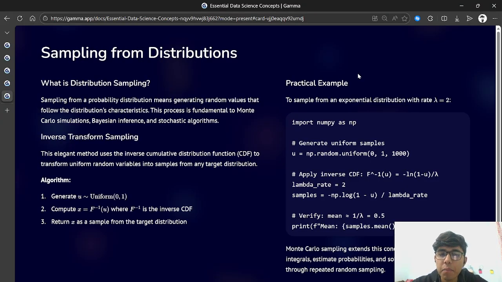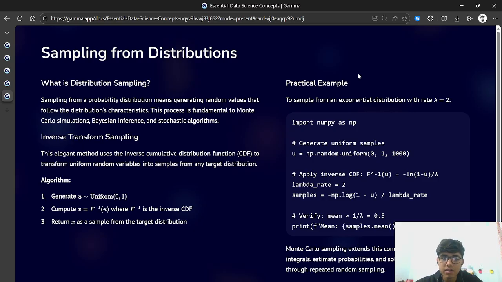Sampling from a probability distribution refers to generating random values that statistically follow the shape of the distribution. Basically, this is fundamental in simulation, probabilistic modeling and Monte Carlo techniques. Rather than computing an integral analytically, which may be difficult or sometimes impossible, we approximate the expectation using random draws from the distribution.